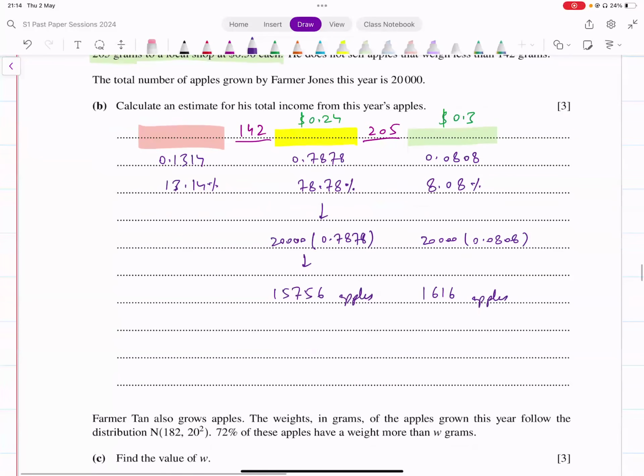And now let's find the total income and see what that would be. For each of these apples in the middle, he's getting $0.24. 15756 multiplied by 0.24 plus 1616 multiplied by 0.3, and that's going to give you the result. You can see what that turns out to be.